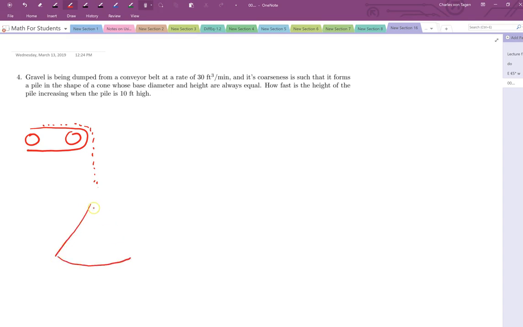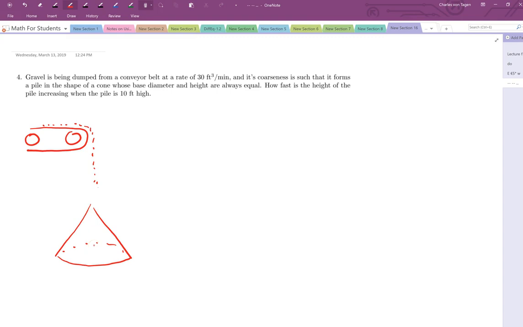As you would expect in the real world, this gravel is going to form a conical shaped pile. Now, depending on something called the angle of repose, for those of you physics folks who know, this is going to form a particularly shaped cone.